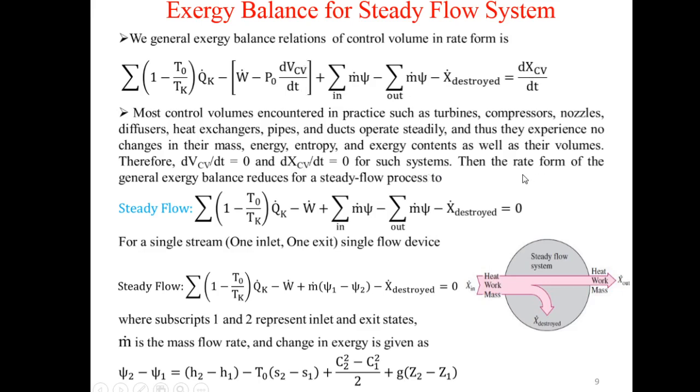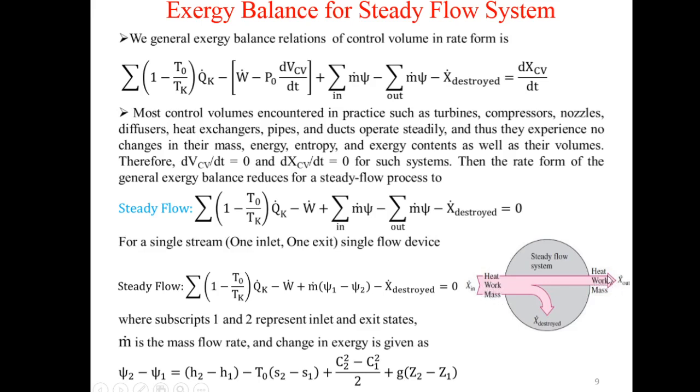So what is left is the rate form of the general exergy balance equation for steady flow. This is the equation for steady flow. For a single stream, that is one inlet and one exit, we can write this equation, meaning the summation symbol will be removed for one inlet and one outlet. This is in, out. This is mass flow rate. So exergy in will be in terms of heat, work and mass.